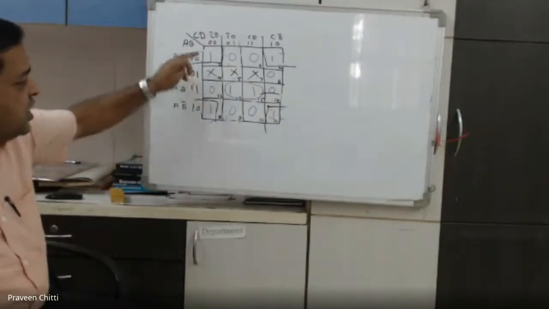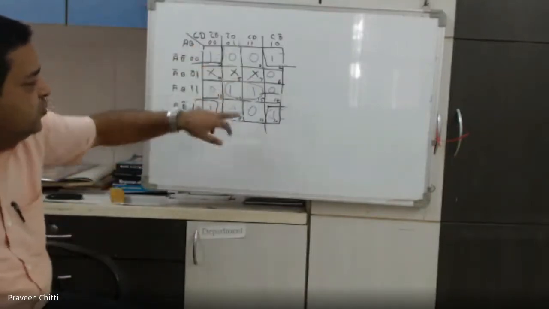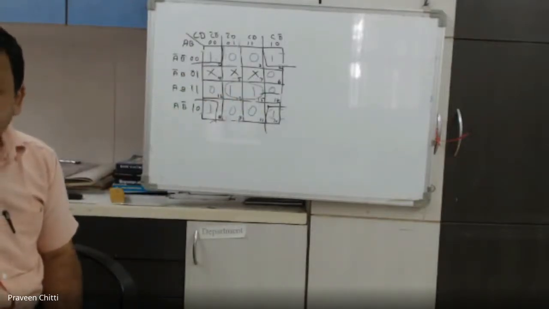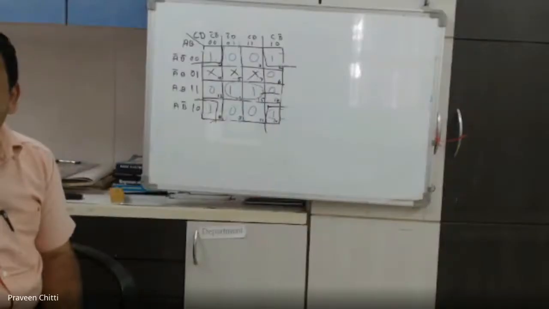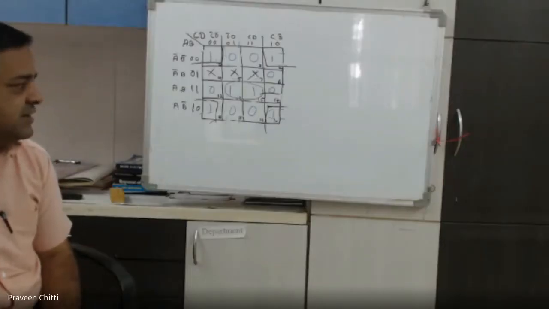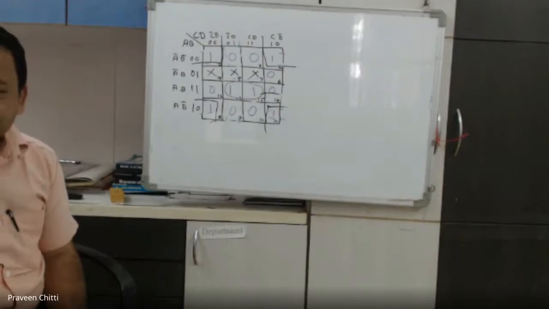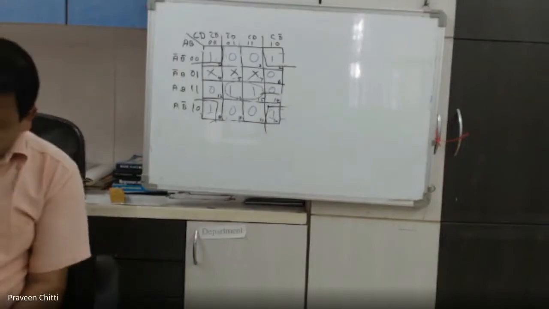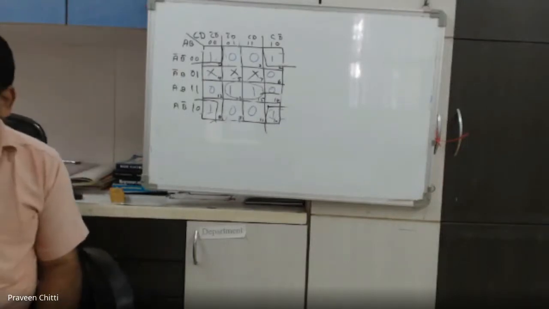See how many ones are there? 1, 2, 3, 4, 5, 6. 6 ones are there, and how many don't cares are there? 3 don't cares. And how many zeros? 7. So 7 zeros, 6 ones, and 3 don't cares. That's all, total 16. My question is now how I should do the grouping.